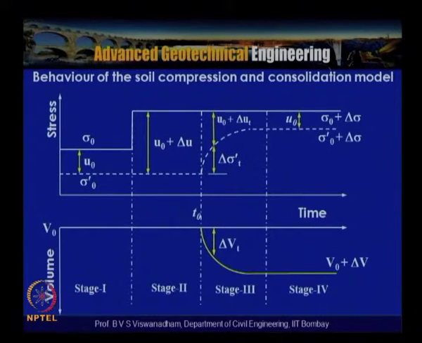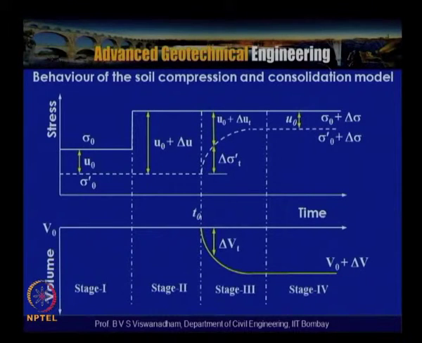The delta sigma is the incremental stress which has been applied, and once it is applied, immediately at time t equal to 0, the water within the voids will be subjected to a pressure equivalent to the intensity of the pressure applied on the surface of the soil. So delta sigma becomes delta U.